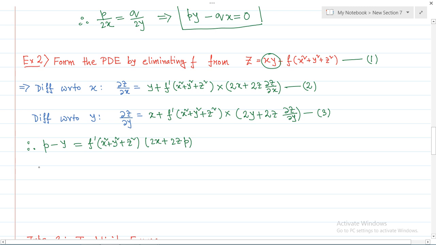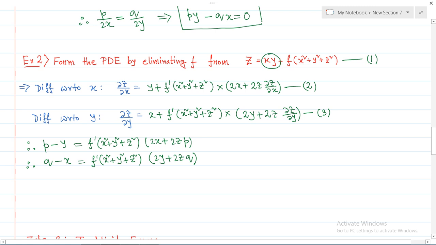Similarly from equation number 3 we can write q minus x equals f dash of x square plus y square plus z square into 2 times y plus 2 times z into q.